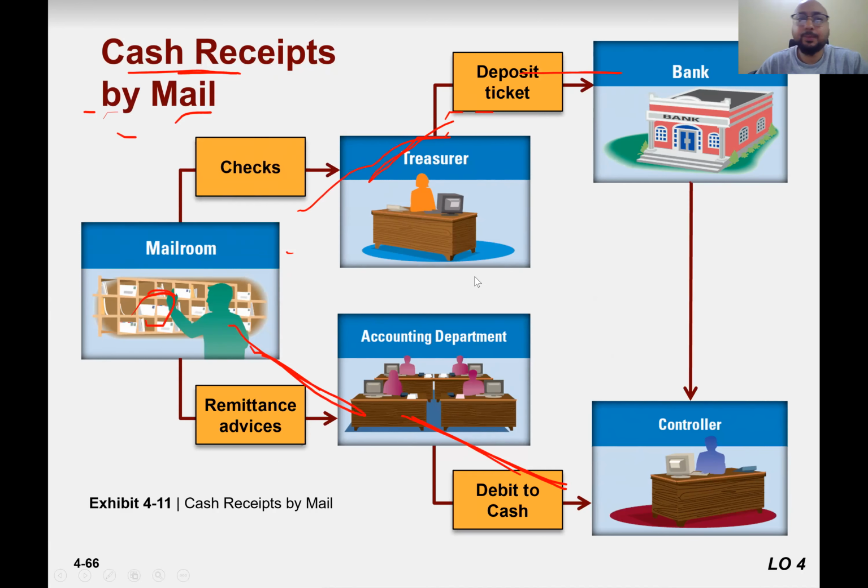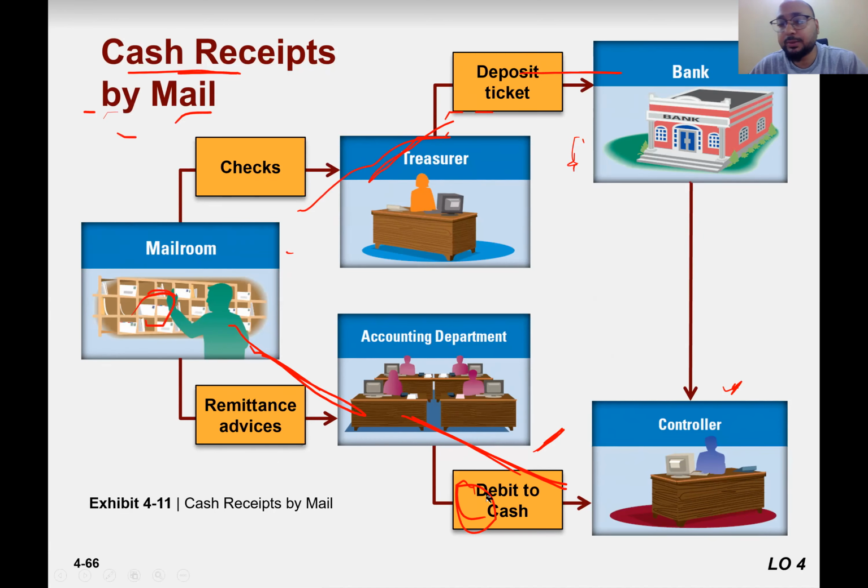They deposit the check, they send the receipt to the controller, and upon receipt from the bank, the controller will increase the cash. Increase the cash means debit it to cash.